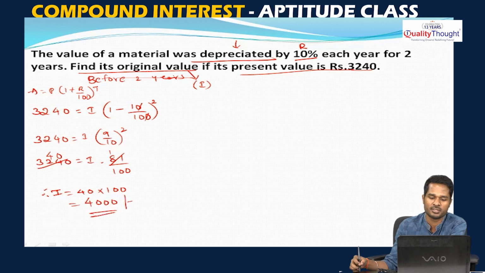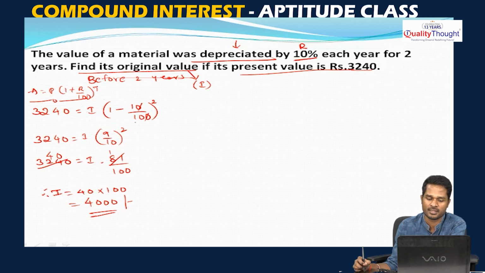So in this method we have taken the formula of total amount in compound interest, A equals P into 1 plus R by 100 whole power t. The A value is the present value, 3240, equals, in place of principal amount, I took the initial amount, 1 minus, why minus, because it is decreased. R is the percentage decreased, 10 by 100, whole power t, which is 2 years.